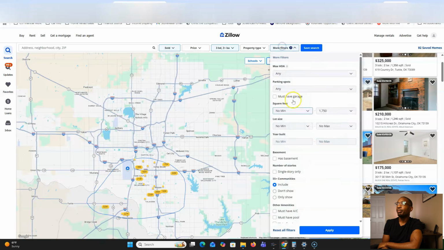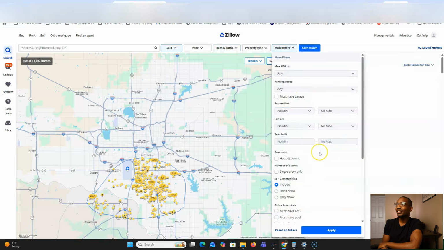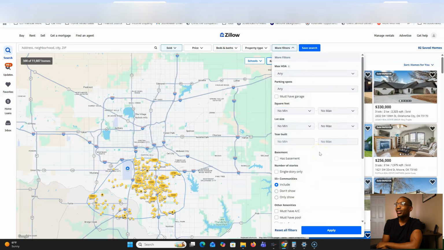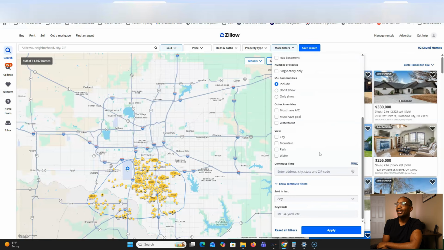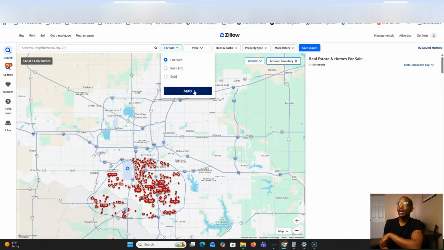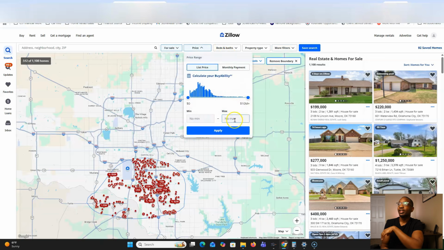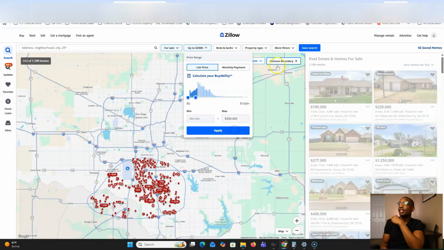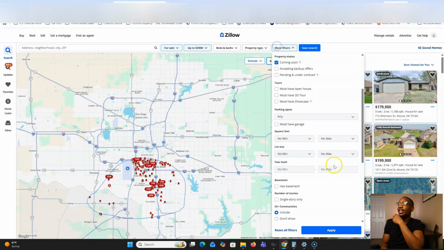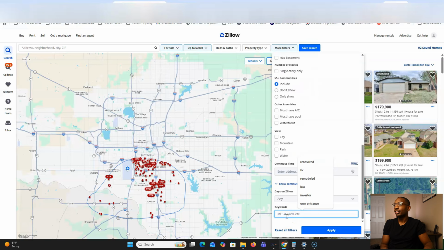Now, my last 7th filter, you all, we're going to combine everything that we learned. So let's say I go to for sale, max 200,000. And then I'm going to put, let's say, TLC.